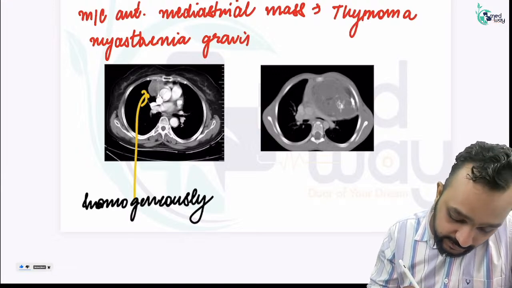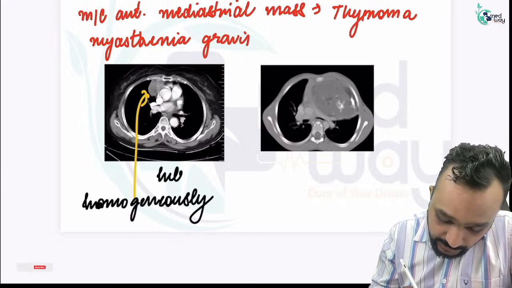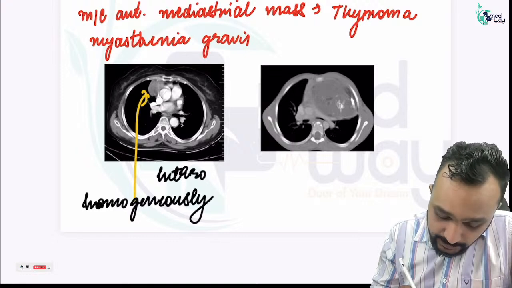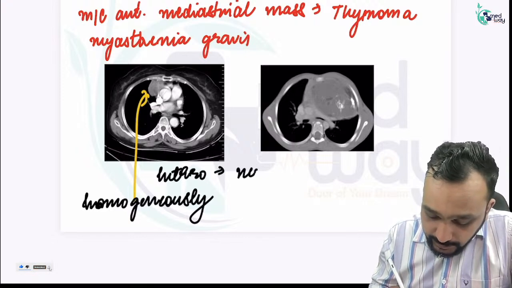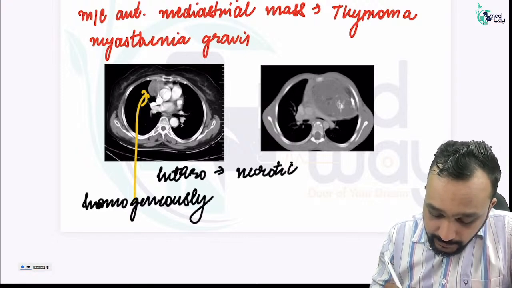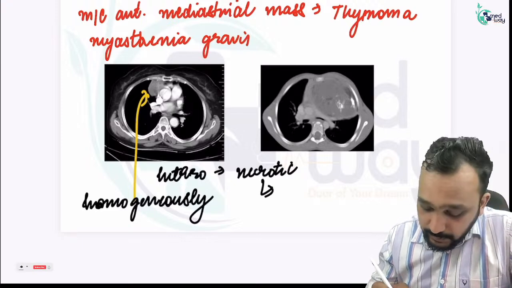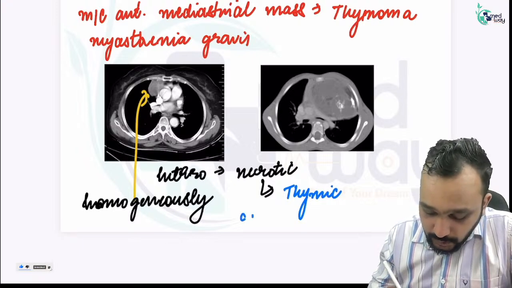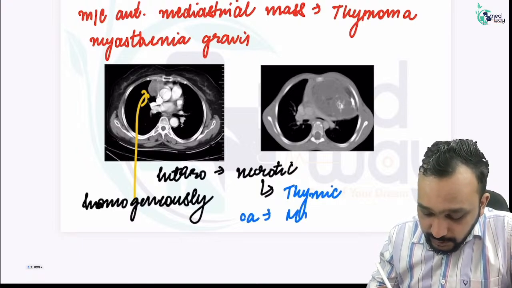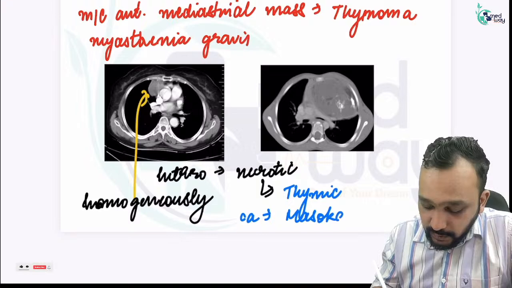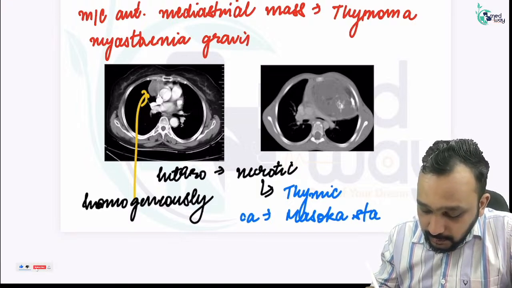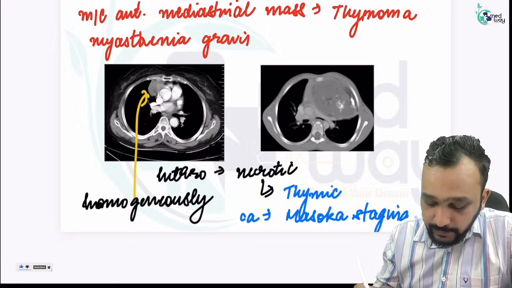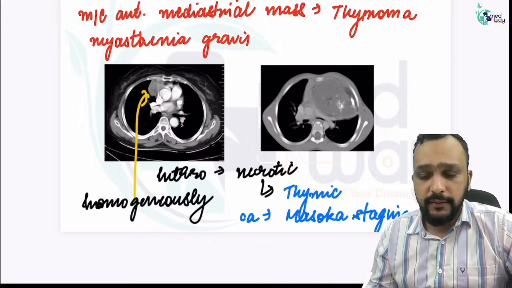If you would have seen that the lesion was heterogeneously enhancing, right, there were necrotic areas within the lesion, then you could have thought of thymic carcinoma. Okay, you should also know the staging system for thymic carcinoma, which is your Masaoka staging system, right?